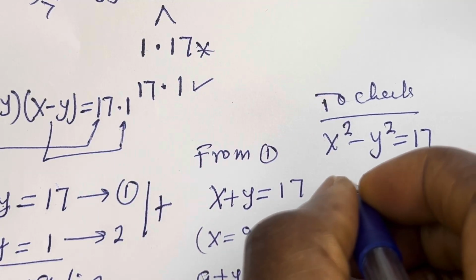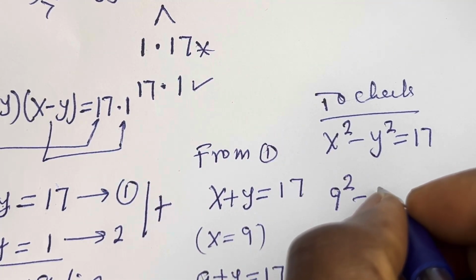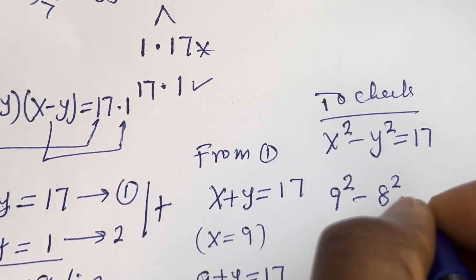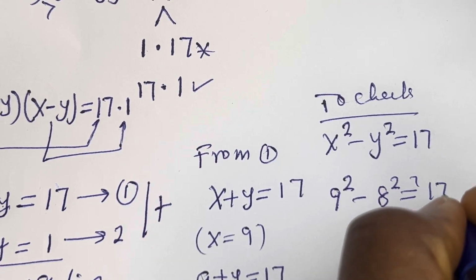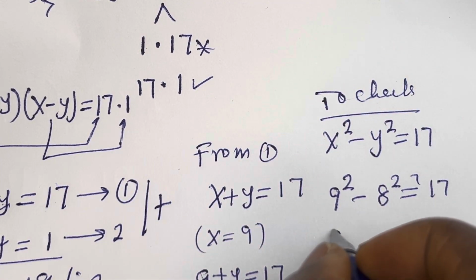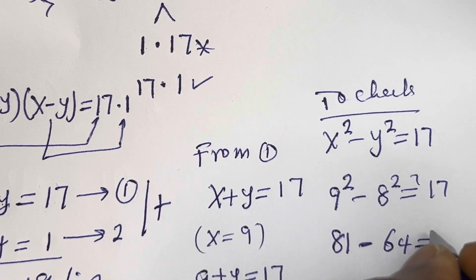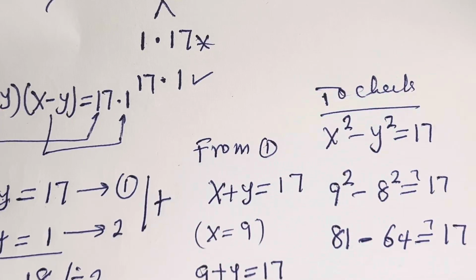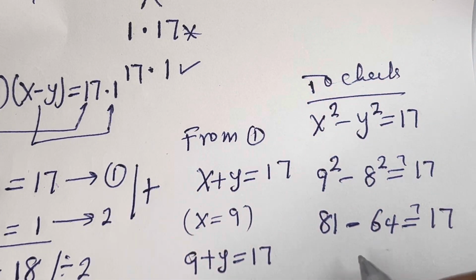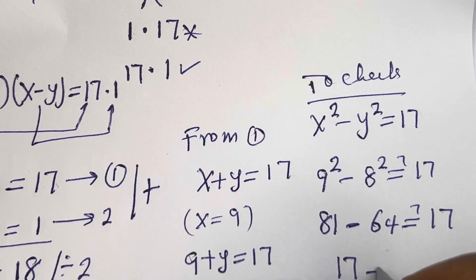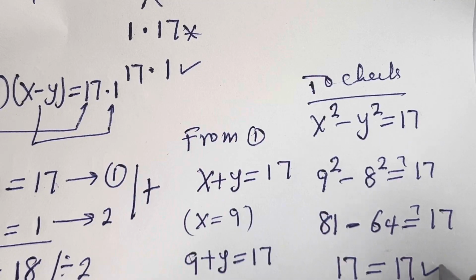That is 9 squared minus, y is 8, 8 squared must be equal to 17. 9 squared, this is 81, minus 8 squared, 64, must be equal to 17. Then 81 minus 64, this is 17, is equal to 17, which is true.